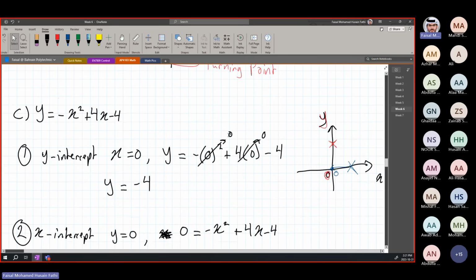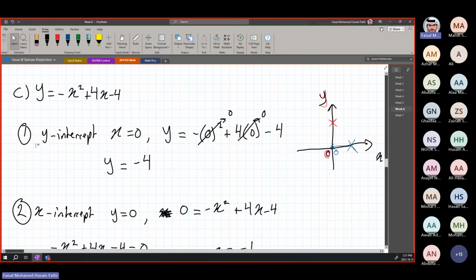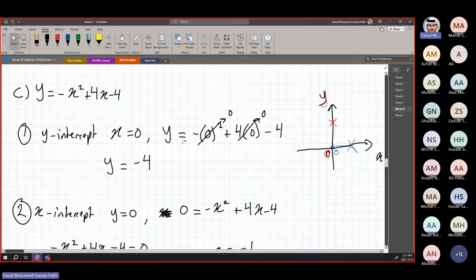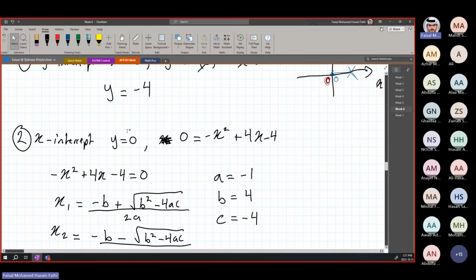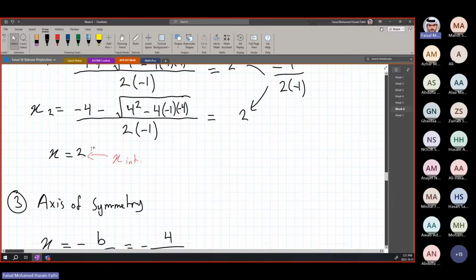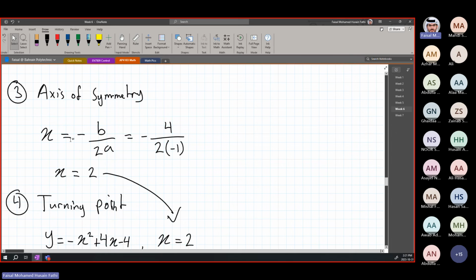The idea is if we have an equation, we find the y-intercept first, which in this case is -4. We find the x-intercept. For the y-intercept, you equate x to 0 and find y. For the x-intercept, you set y equal to 0 and find the value for x. In this case, we only had one x-intercept. You can have one or two values for x for the intercept. Then we find the equation of the axis of symmetry for x, which is -b over 2a.